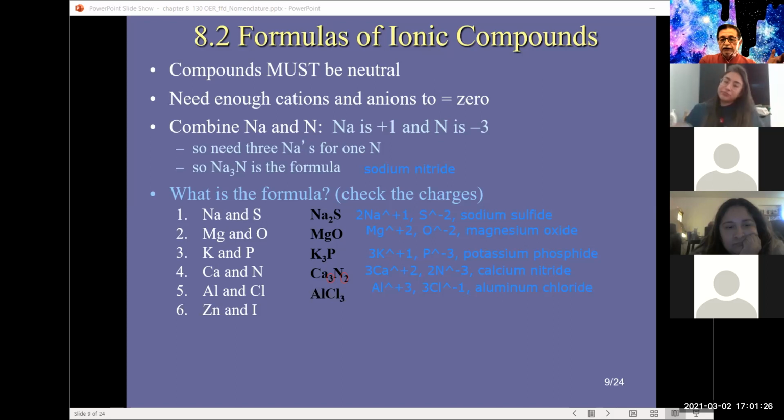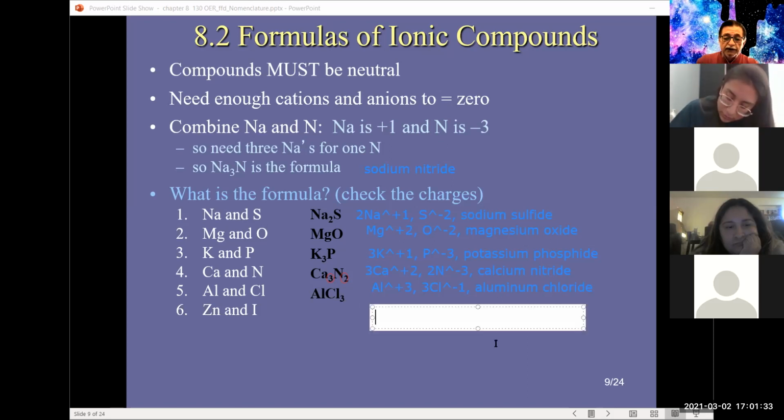Okay, so we got zinc, similar story. Break down the ions first. Okay. Zinc is one of the 16 I gave you, always has a +2 charge, even though it's one of the transition metals, always has a +2.